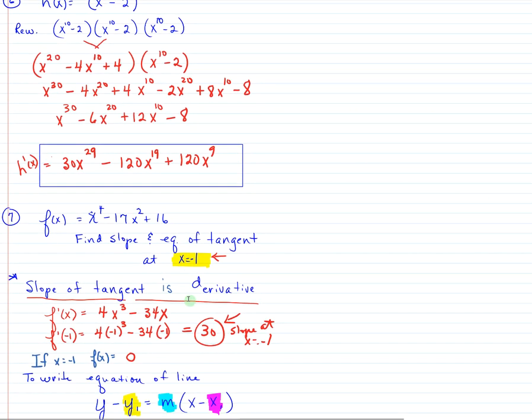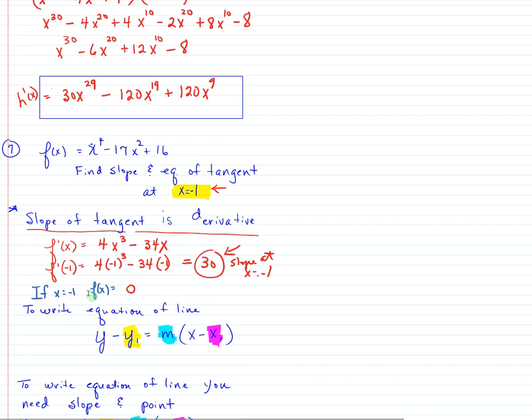All right. Number 7. A little bit of work on this one. Number 7 says find the slope and the equation of the tangent line. So the slope of the tangent is the derivative. So if we're going to take the derivative of this right here, we get 4x cubed minus 34x.